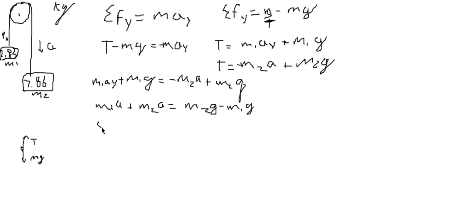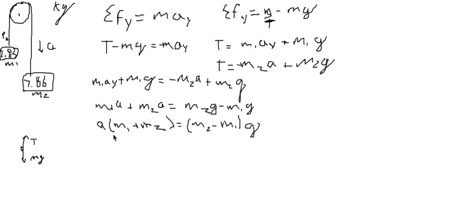And now we can factor out the acceleration. We get acceleration times M1 plus M2 is equal to, factor out gravity, M2 minus M1 times gravity.